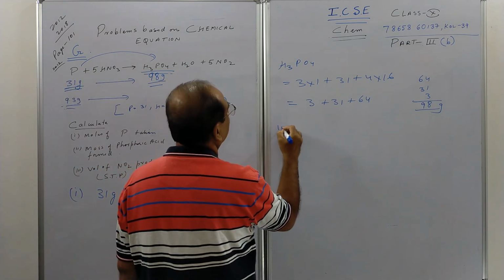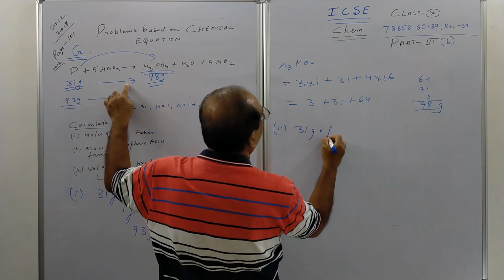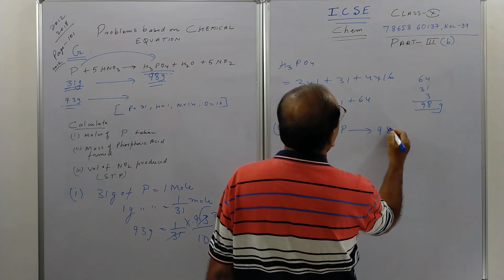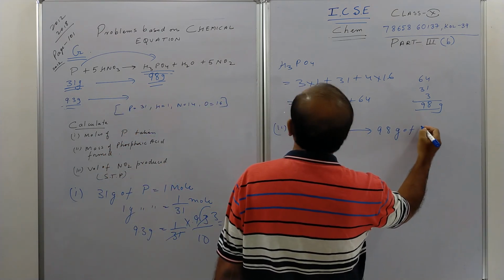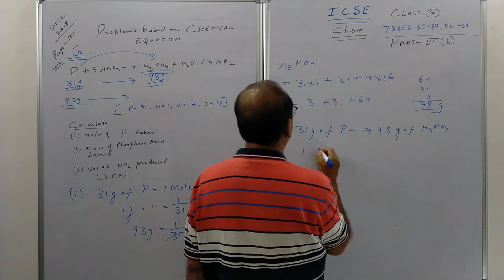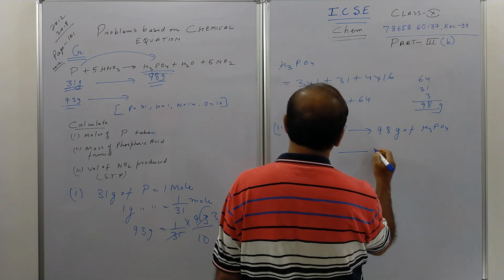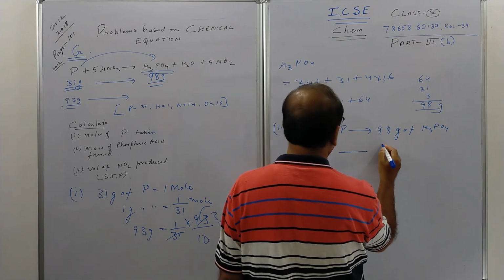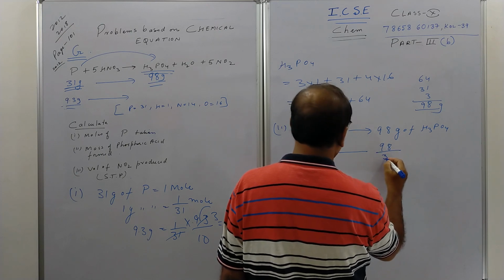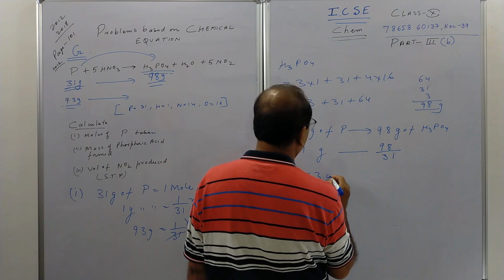So if you take 31 gram of P, phosphorus, we get 98 gram of phosphoric acid, H3PO4. So 1 gram, children, I'll show you by mole concept also. 1 gram will give you 98 by 31. So I take 9.3 gram.